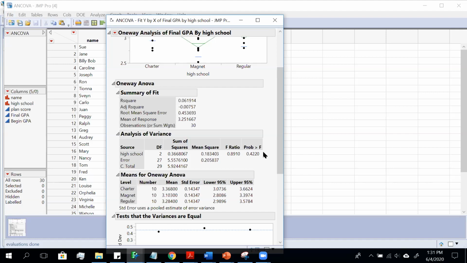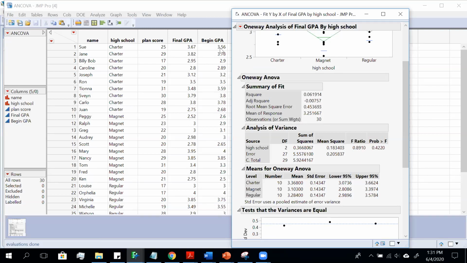But I wonder if I consider their pre-GPA, the beginning GPA. What if their beginning GPA is really influencing their final GPA in this model, and we're not really getting to see the true differences here?